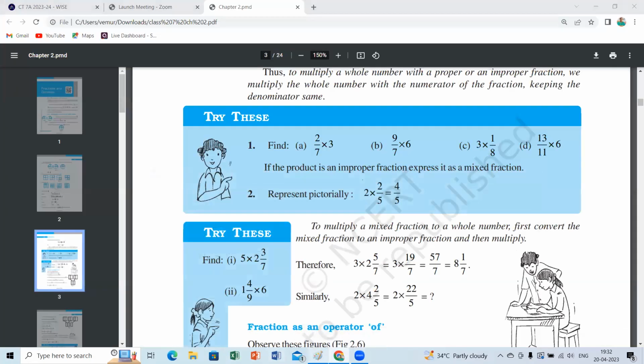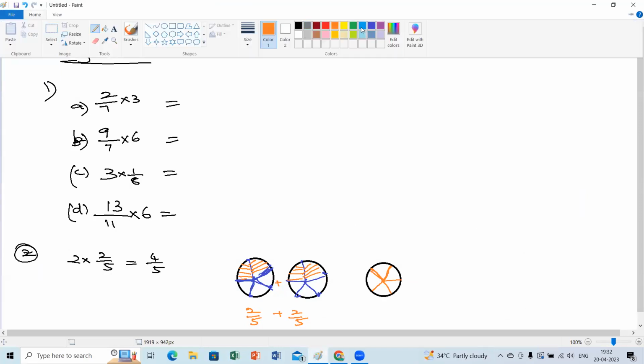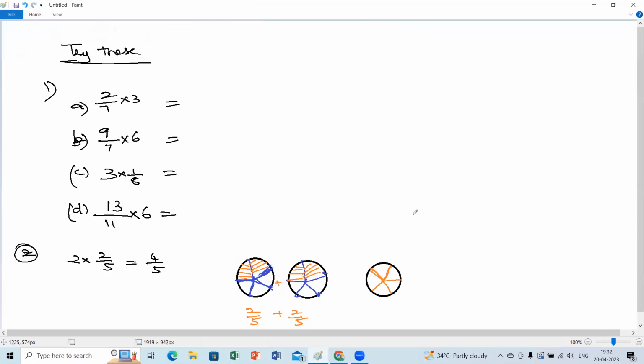Here I have to shade 4 parts. So this is equal to 2 into 2/5, which is obviously 4/5. So it belongs to 4/5.